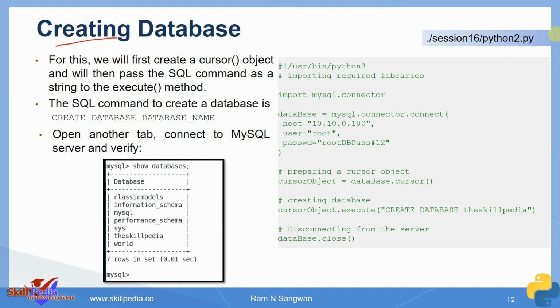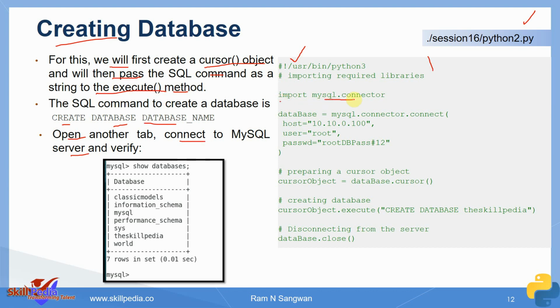Creating a database, we created in program number 2. For this we will first create a cursor object and then pass the SQL command as a string to the execute method of this object. The SQL command to create a database is CREATE DATABASE name. So therefore open another tab, connect to the MySQL server and verify. In the first tab we are writing the program.